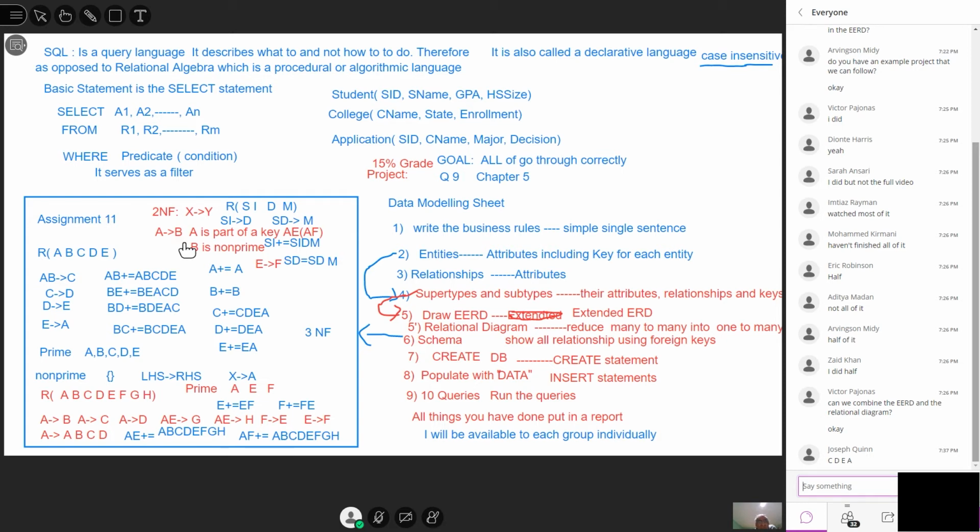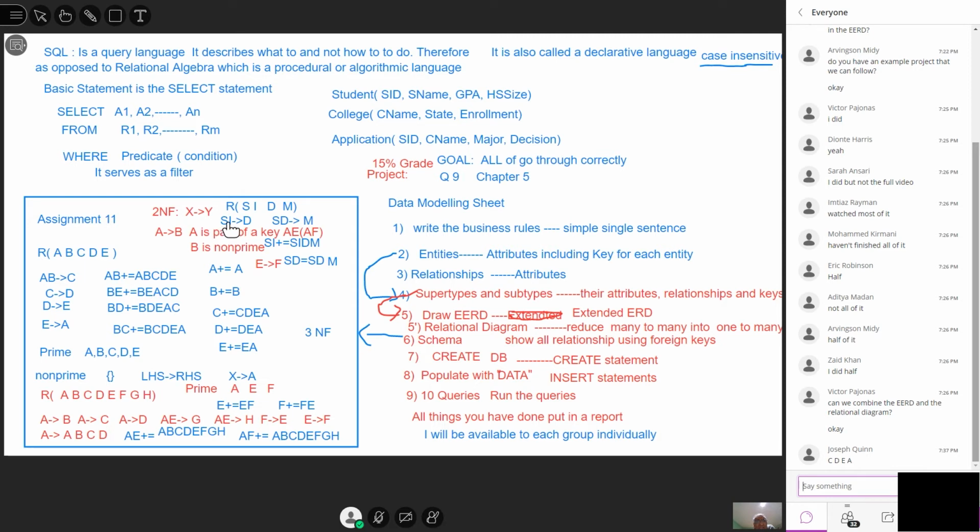Now, what are the things which are here, prime and non-prime? Well, the prime is S and I, and non-prime is D and M. Now, if we want to look at whether it is in third normal form or not, we look at this one. Oh, this is a super key, so no problem.